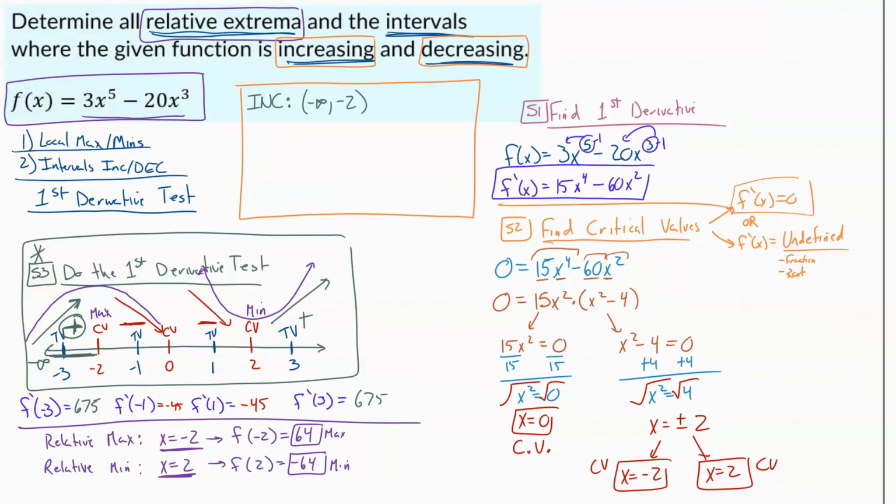And then not at negative 2. It is also increasing down here on the other side. So that would be starting at 2 and heading off to infinity. You would put this little union symbol, which means connect these two intervals, and then 2 off to positive infinity. And again, use a parenthesis there and not a bracket, because the 2 is not included.